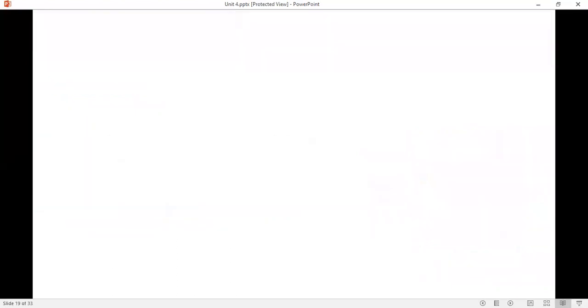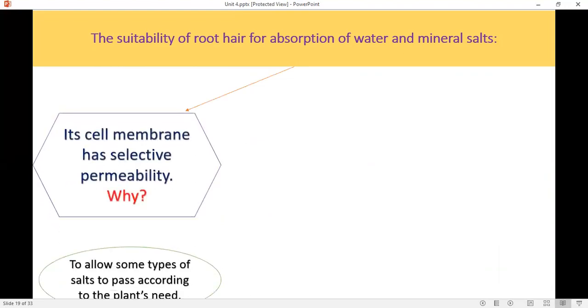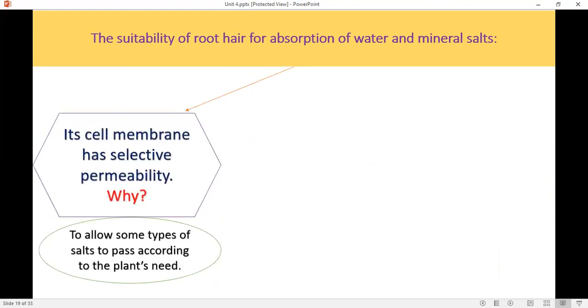So if I ask you to give a reason, for example, the cell membrane of the root hair has selective permeability. What is it? The cell membrane has selective permeability to allow some types of salt to pass according to the plant's need inside the vacuole or inside the parts of the plant.